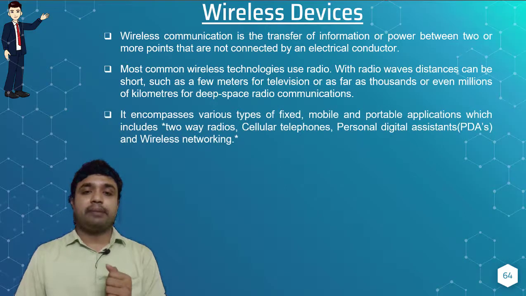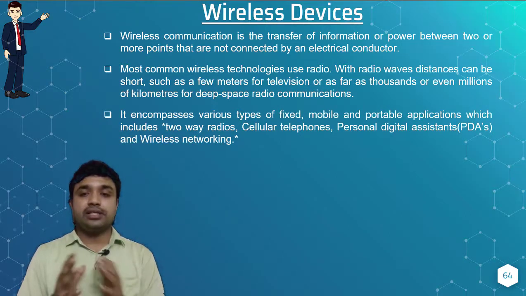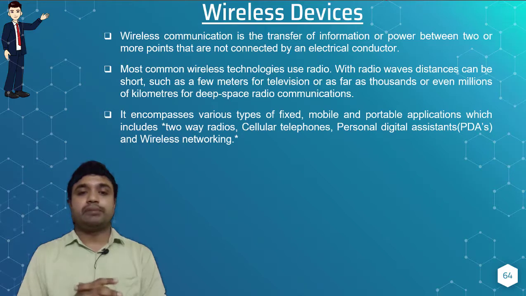Next, it encompasses various types of fixed, mobile and portable applications, which include two-way radio, cellular telephones, PDAs, and wireless networking. So wireless implementation is going to override the wired implementations.